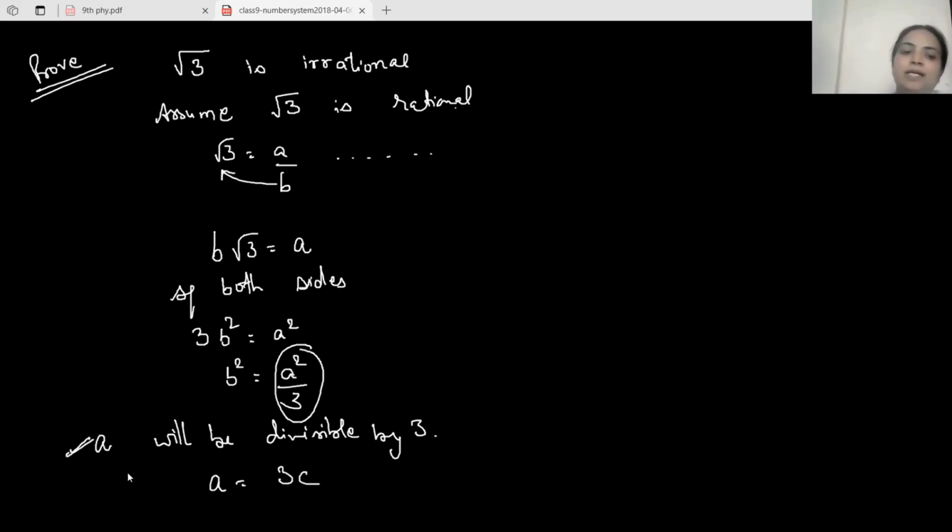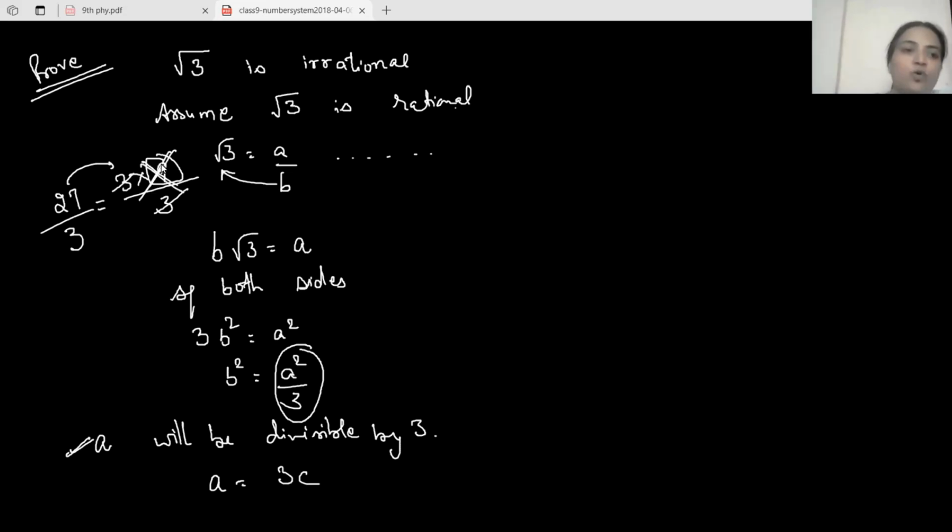Let me explain with one more example. If a is divisible by 3, let's say a is 27. That is divisible by 3, right? Why is this 27 divisible by 3? Because 27 is 3 times something, by 3, so this 3 and 3 are gone. Here something will be 9. But this I am not looking for. I am not interested in whatever this is.